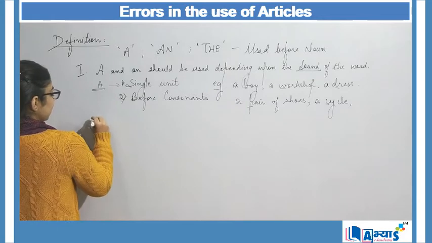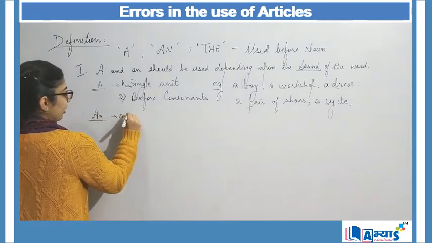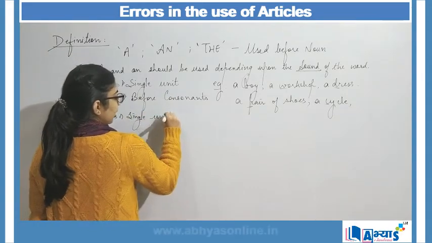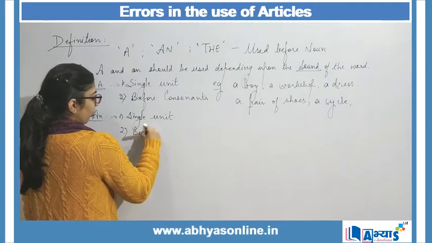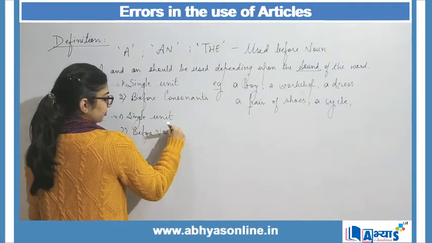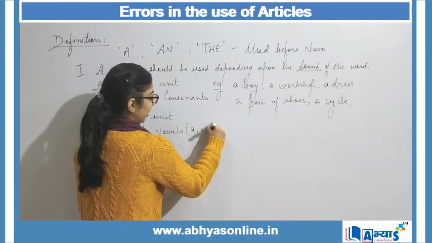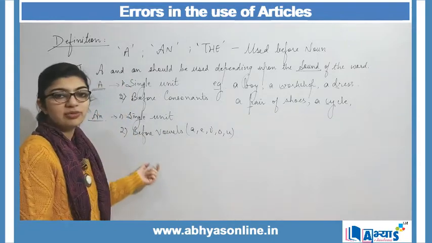And then when I say an, again the first criterion is that it should be a single unit. The second criterion is that it is used before vowels. And my vowels are A, E, I, O, U. I make use of article an before vowels.